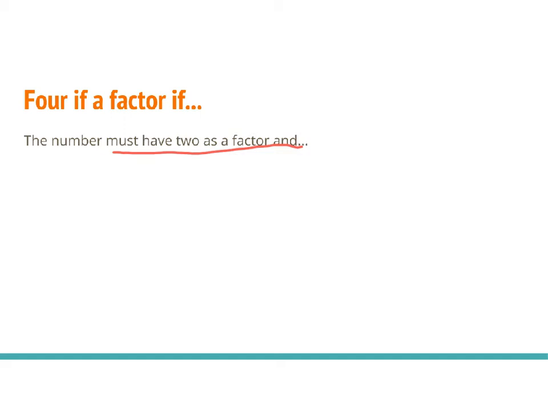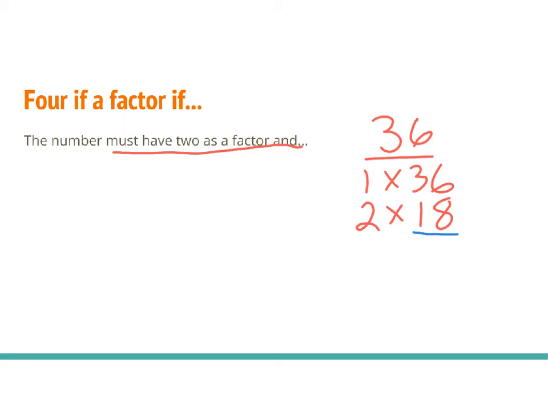So let's say that I'm looking at a larger one. We'll go 36, okay? Well, it's going to be 1 times 36 and then 2 times 18. Now here is the key that I look at to see if 4 is a factor. The number paired with 2 in this case is even.